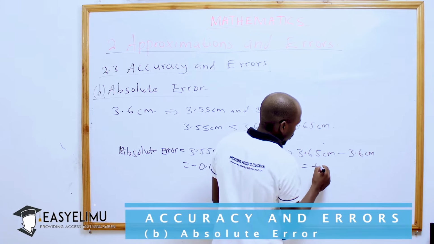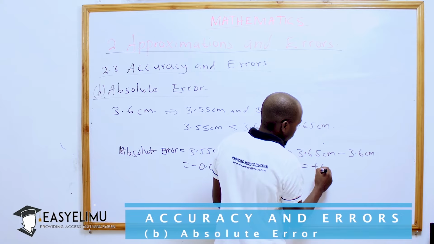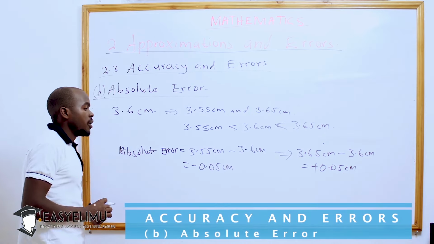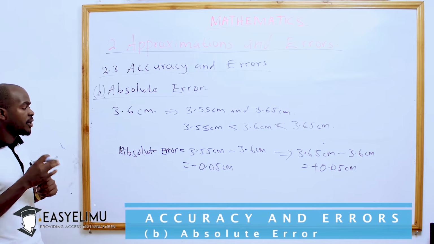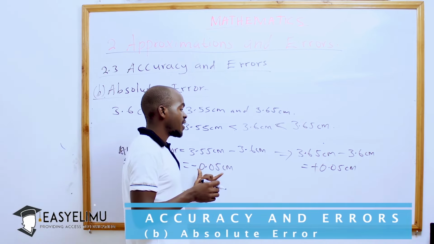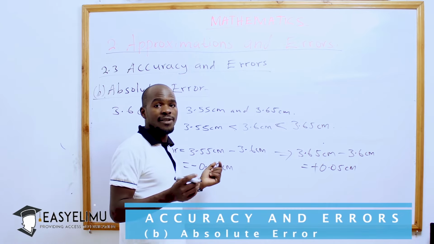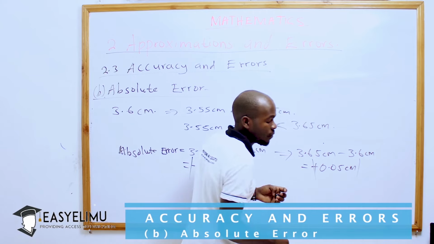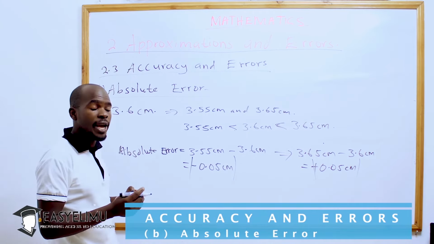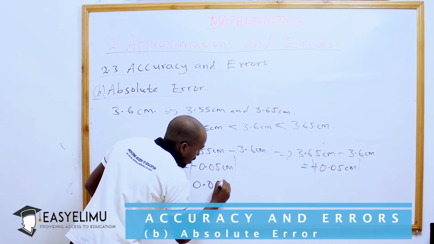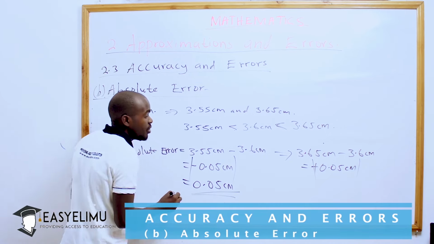So this one is going to give you positive 0.05 centimeter. So in doing that, we can say that the absolute error here is 0.05. Here is negative, that is positive, just to give us the sign. But we know if we need that answer, we just find the absolute value of that answer, and we find our absolute error here is 0.05 centimeter. That is our absolute error.